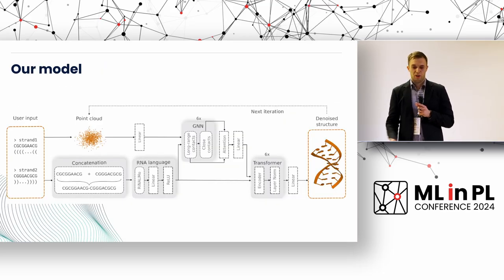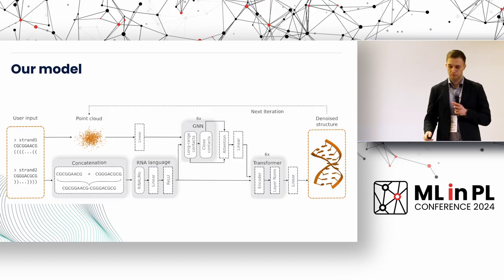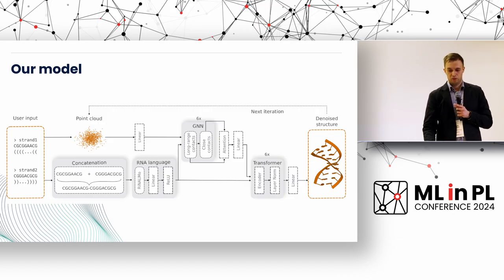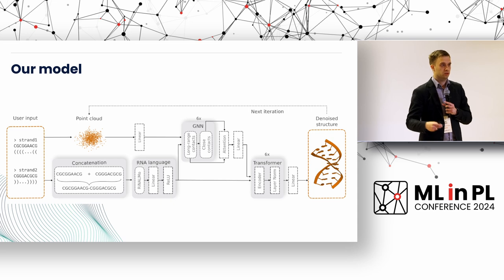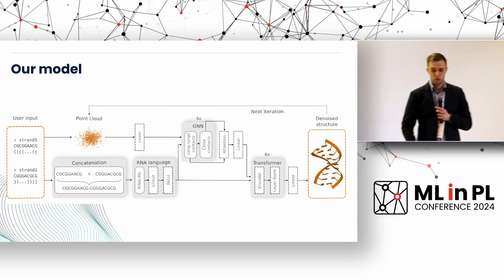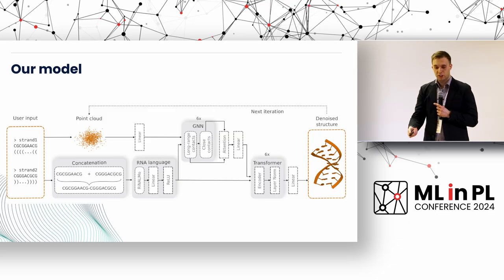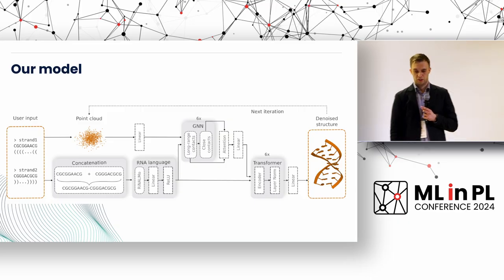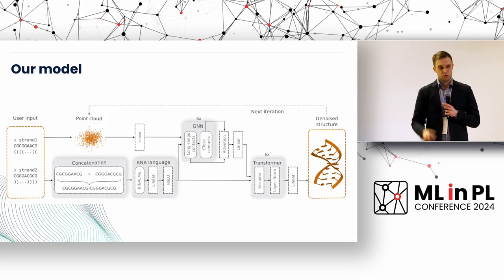This is the architecture of our model. What you can see here is a couple of components. First of all, there's the user input, so the user can indicate a single strand or double strands or three strands or as many as he or she wants. For each strand, you indicate the nucleotide sequence and also dot bracket notation.